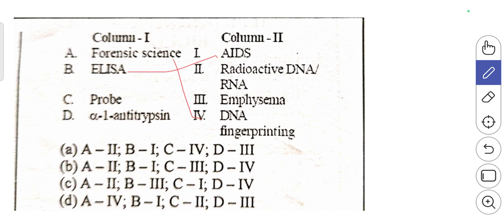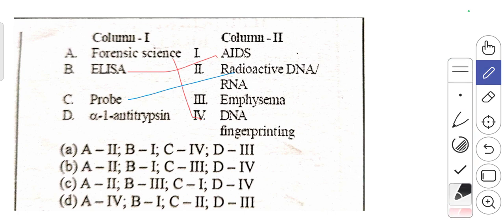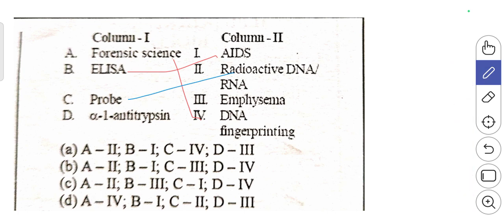Then probes, as you all know, are radioactive DNA or RNA probes. Then the last one they have given, alpha 1 antitrypsin. This alpha 1 antitrypsin cures the disease emphysema. So the right answer for this one is A4, B1, C2, D3. So D is the right answer for this question.